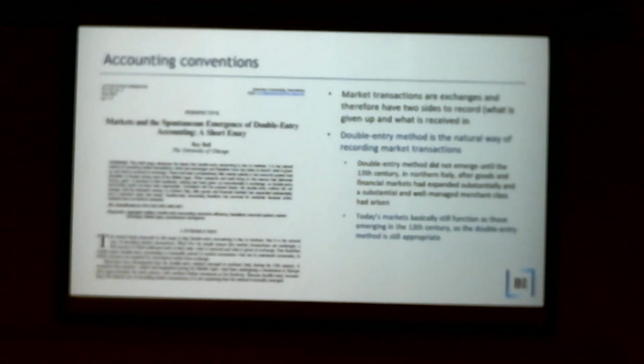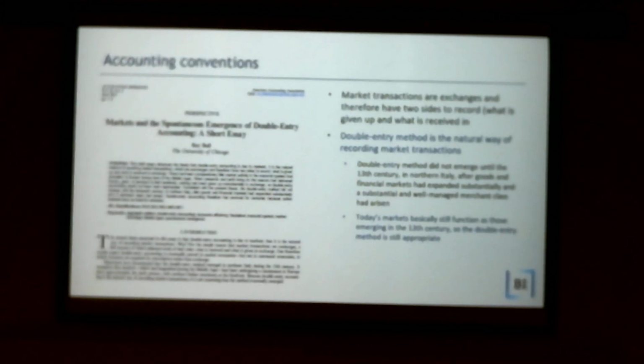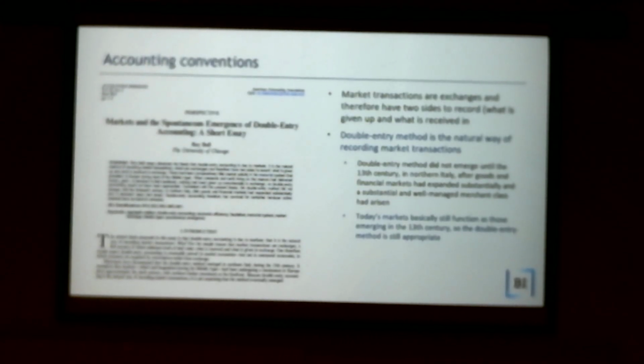So he's a researcher, yeah, not mainly a teacher, and he wrote this very short article on why they came up with double entry bookkeeping. In short, the idea is that the economy changed around that time. This was the time when in Italy trade started to get really, really big.